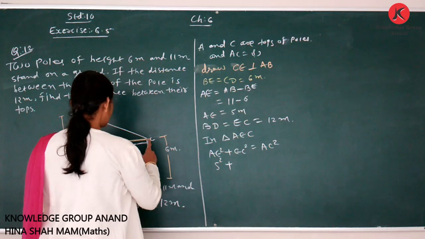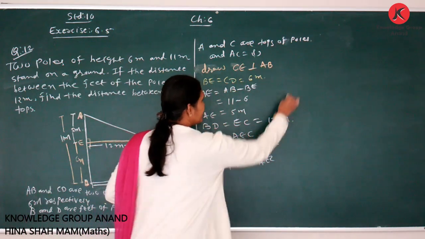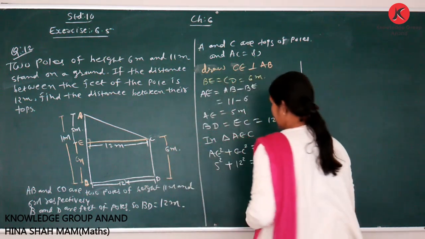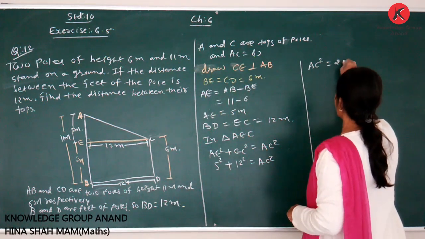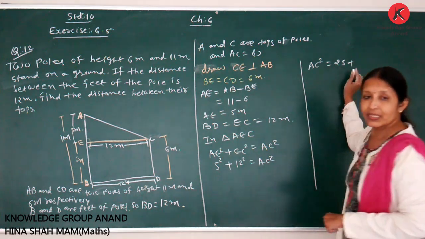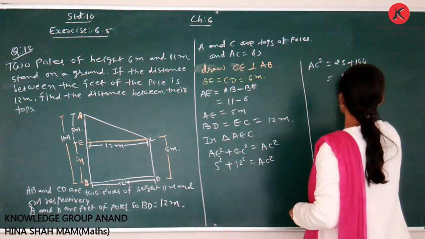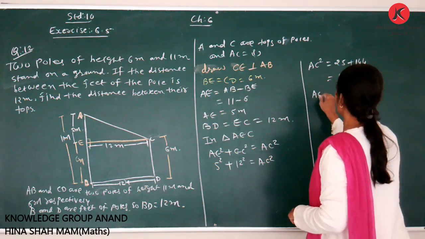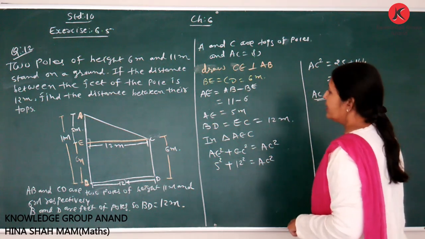EC, what is EC? 12 square is equal to AC square. Therefore, AC square is equal to 25 plus 144 is equal to 169, with number square 13. AC is equal to 13.